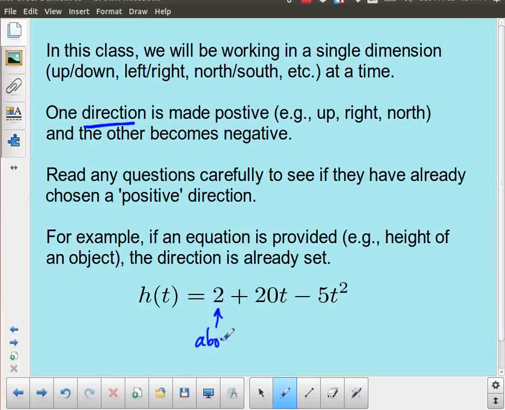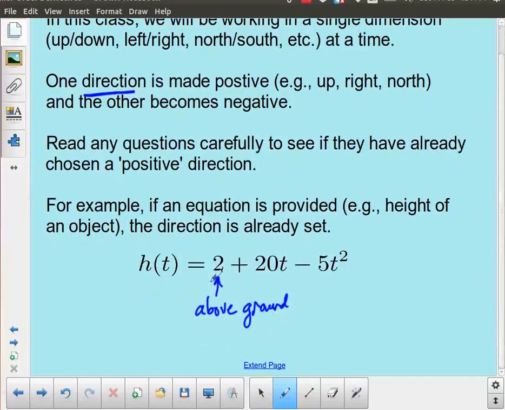And that, of course, is going to be above the ground, unless the question is quite specific and tells you that you're below the ground for some reason, throwing out of a hole or out of a pit. So if we are 2 meters above the ground here, that means that we're 2 meters in the positive direction, and so from this I can already conclude that up is positive.